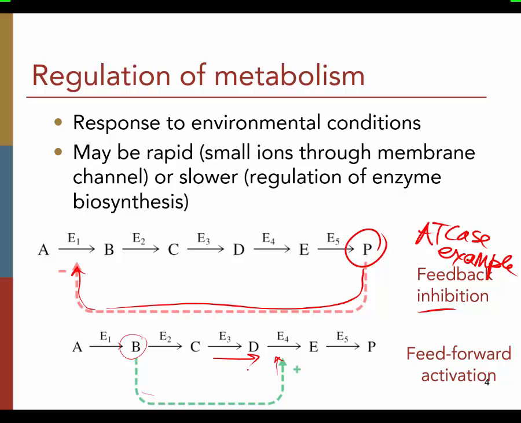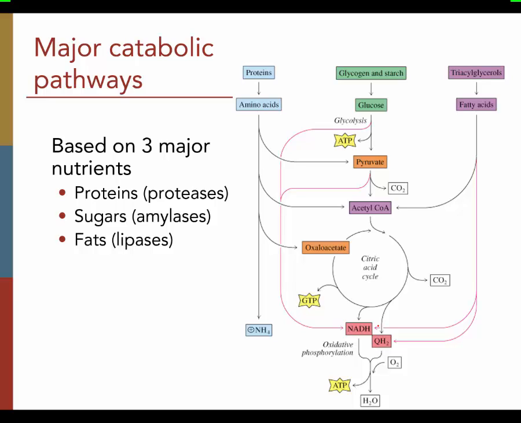You would never take all of product B, you just take a little bit of it, because especially with allostery, you don't need a lot of it to turn on the enzyme activity. So that's feed-forward activation that we'll see a couple of examples of, but not much. We're going to regulate it.